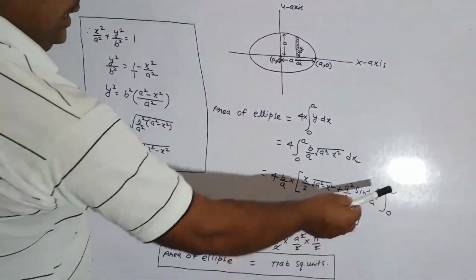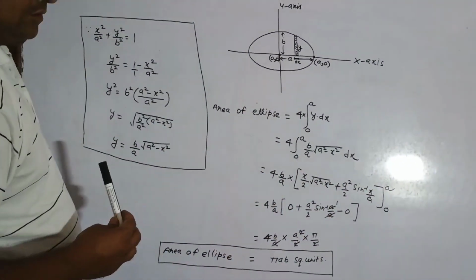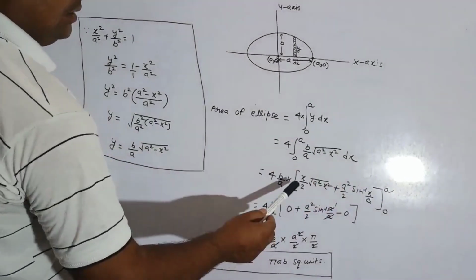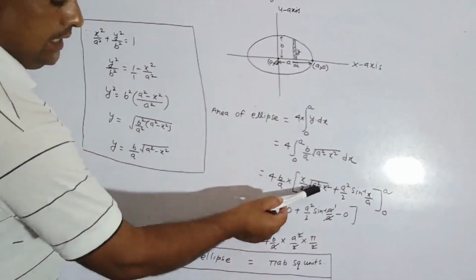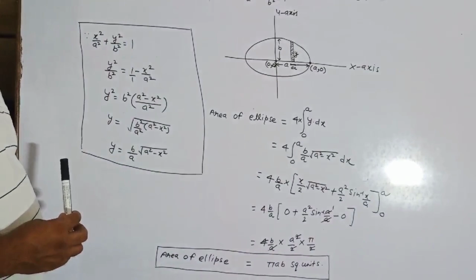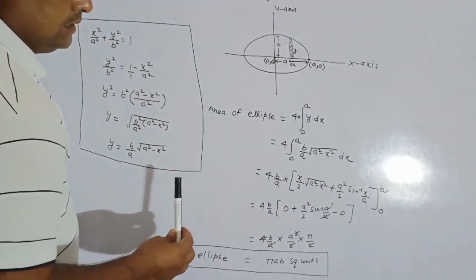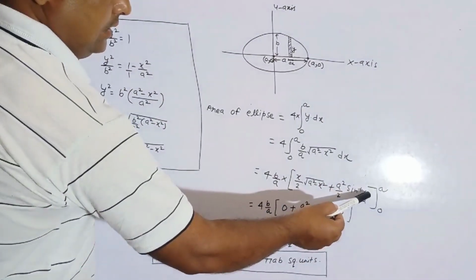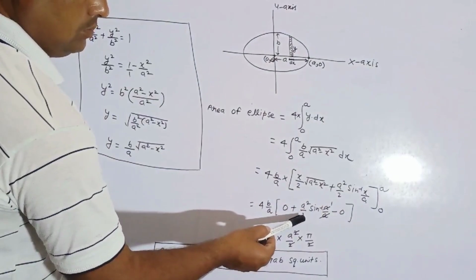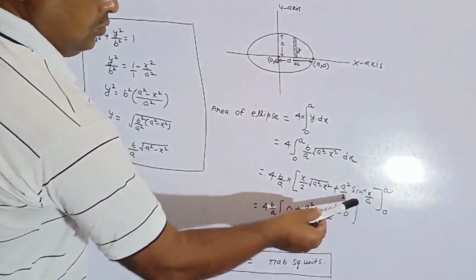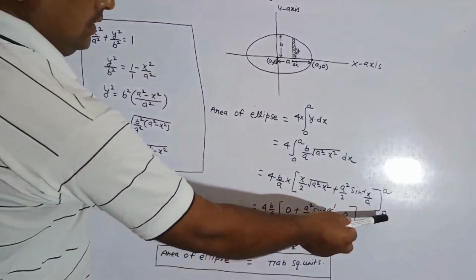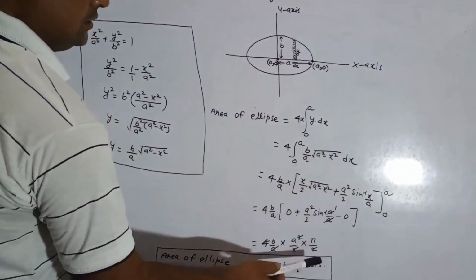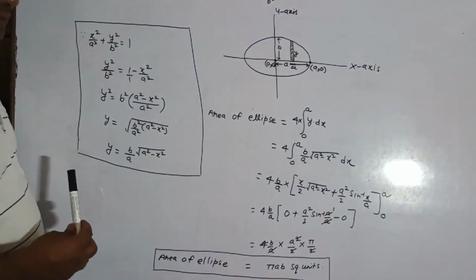Now we are putting a in the place of x. First of all, putting a in the place of x, a square minus a square will be 0 plus. Now putting a in the place of x, this will be a square upon 2 sine inverse a over a. If we put 0 in the place of x, we will get minus 0.